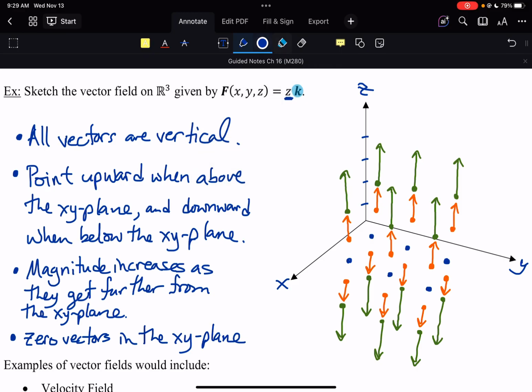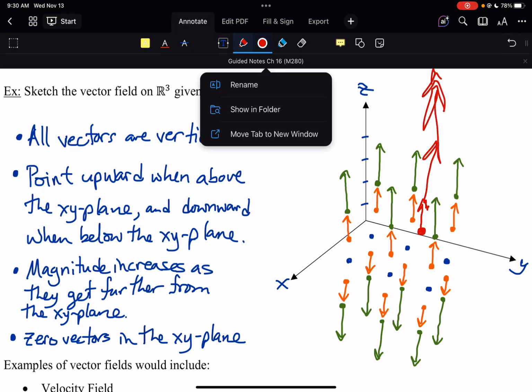Picture this almost like a wind tunnel with a fan in the middle that's pointing both directions. It's taking in the air and then blowing it out in opposite directions depending on what side you're on. If I toss a ball in here, it's going to get sent that way and get faster and faster as it goes up.